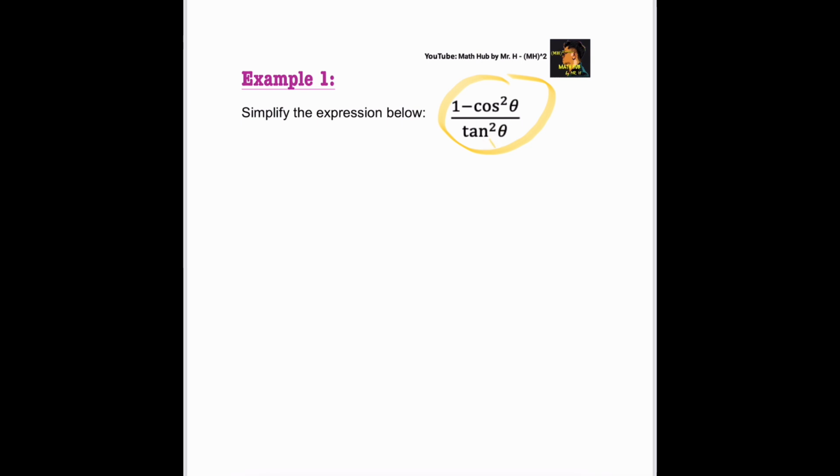Aside from recognizing patterns, you can also convert to sines or cosines, or sines and cosines if it's possible, like in this example. All right, so recalling one of the Pythagorean identities, sine squared theta plus cosine squared theta equals 1, right? And that's very obvious that this identity can be applied in the numerator.